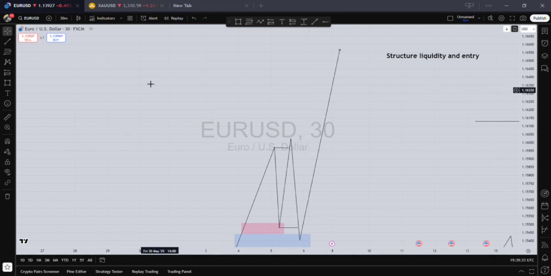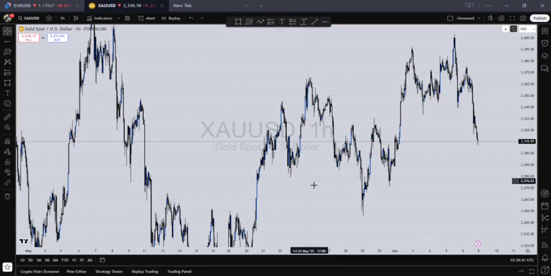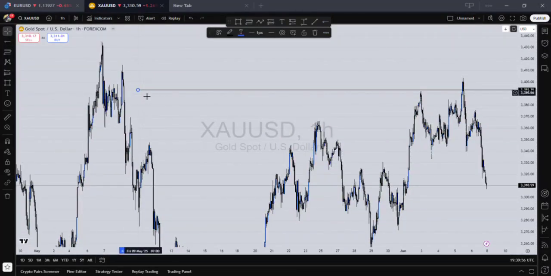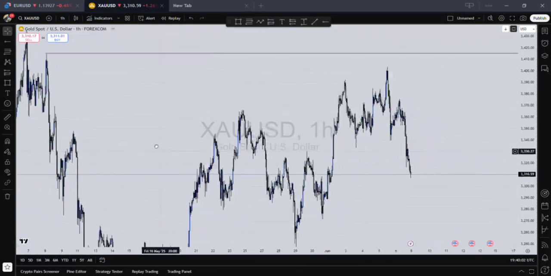All right, I'll teach you guys target narrative so that people will not say, how do we know target? How do we know target? Please. All right. For example, this kind of trade that happened, I've been trying to target gold to take out this liquidity for like, I think like 2 weeks now.